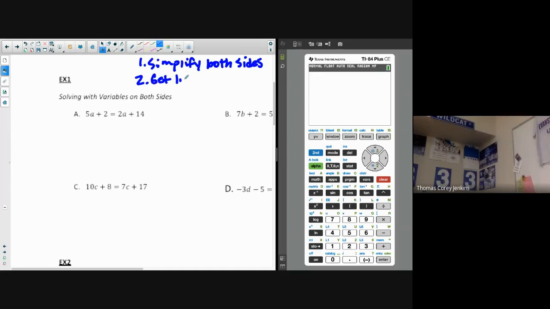Let's just say get like terms to same side. And then you want to just basically solve. And you want to divide by your coefficient.